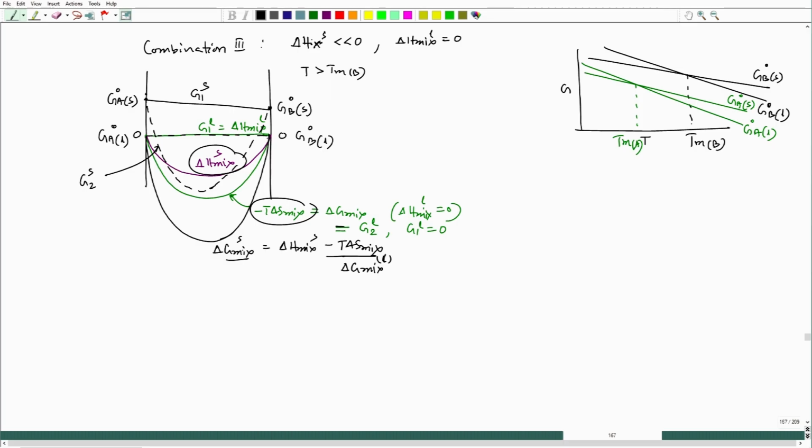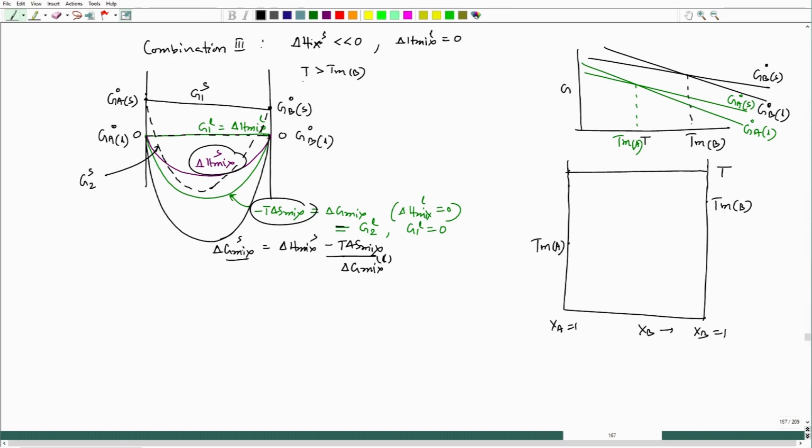But at this temperature, if I try to reflect this condition over temperature versus composition, so this is xB equal to 1, xA equal to 1, this is Tm A, this is Tm B, and we are considering a temperature far above. So, this is the temperature here. At that temperature everything would be liquid. Why?